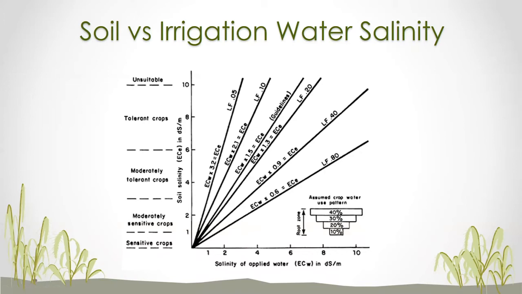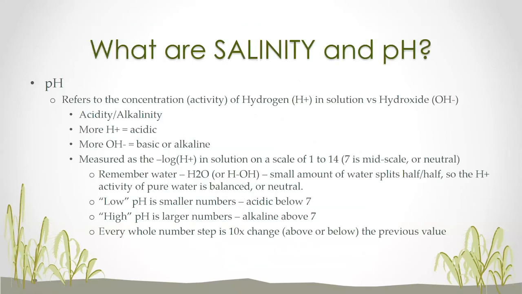And so we use irrigation water EC as a precursor to what the soil electrical conductivity is going to be. And we can also predict what the hazard of a given water will be in any situation to plant growth. So that's it for basics of salinity, why we're concerned about it and so forth.